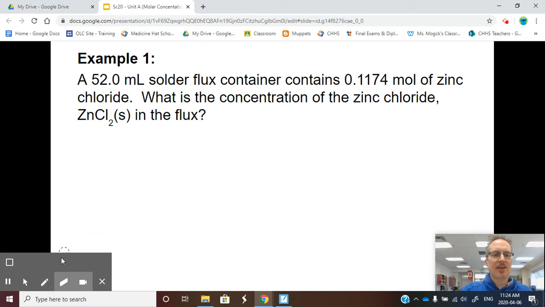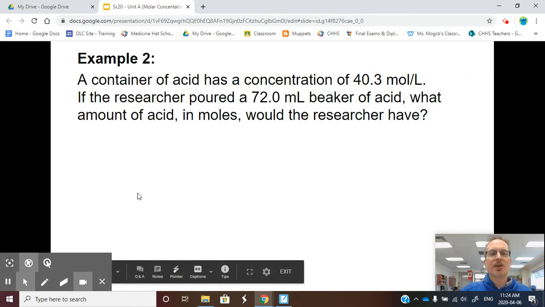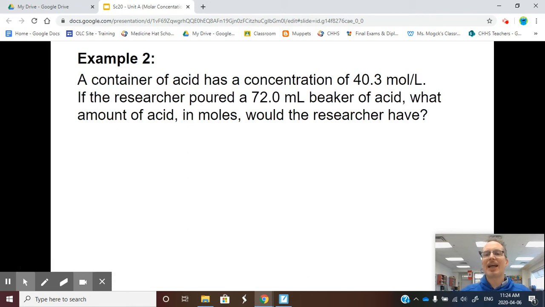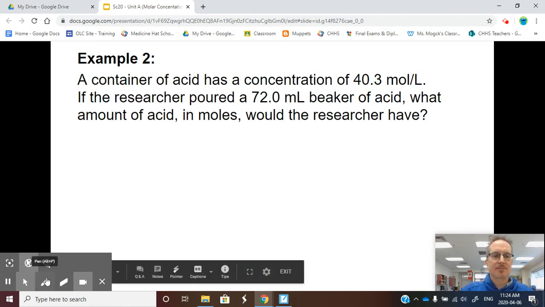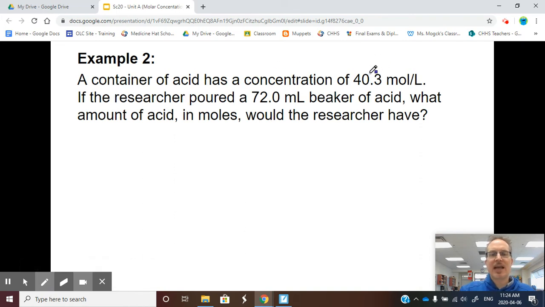What I would like you to do is, can you pause the video, copy question number 2, and try to answer question number 2 for us, please. When you are ready to check your answer, unpause the video. So first thing we would do is, a container of acid has a concentration of, so I know this is a concentration.